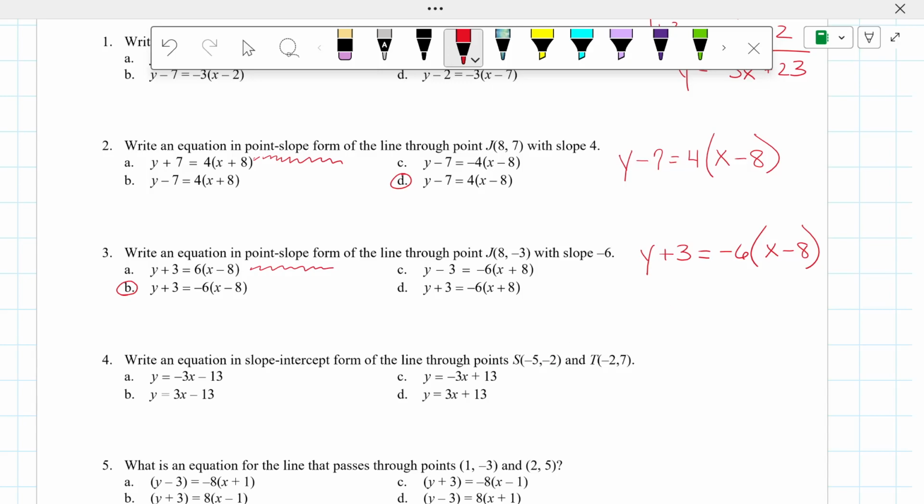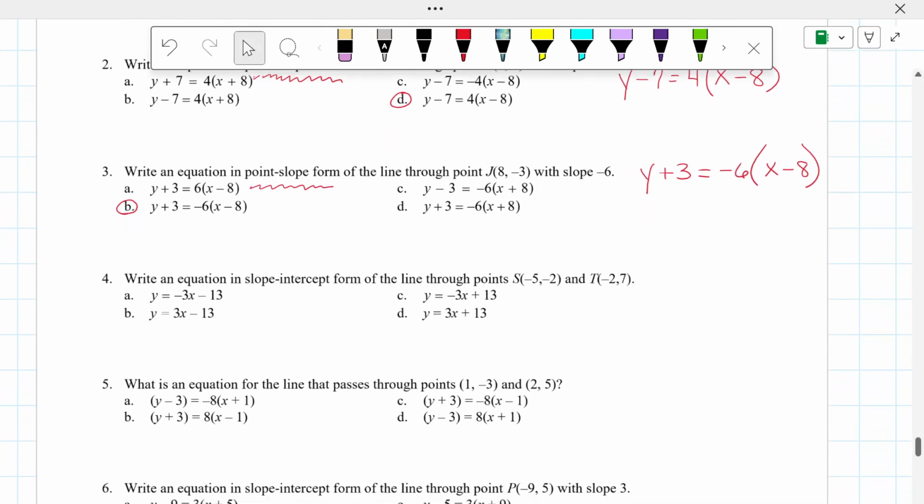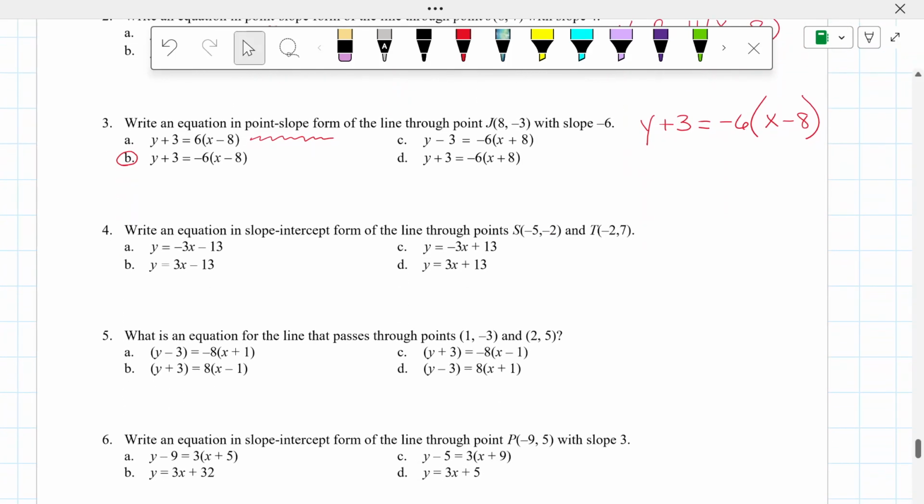All right, so we're on problem number 4. Write an equation in slope-intercept form through the points negative 5, negative 2 and negative 2, 7. We did this yesterday. The first thing you need to do in this problem is to find the slope.